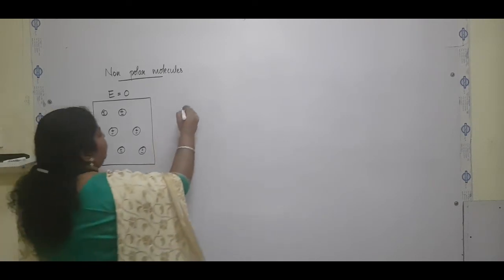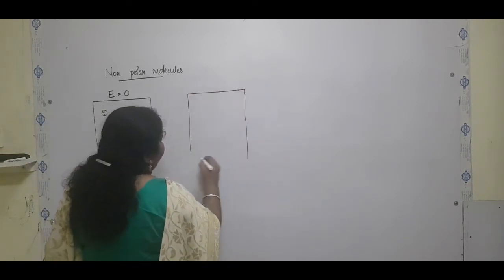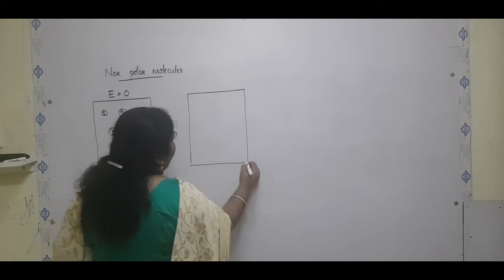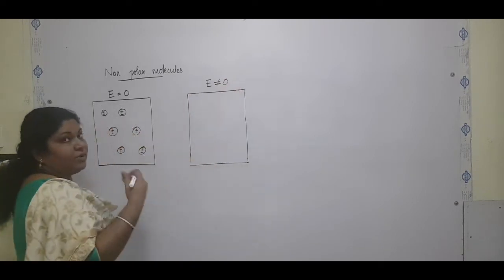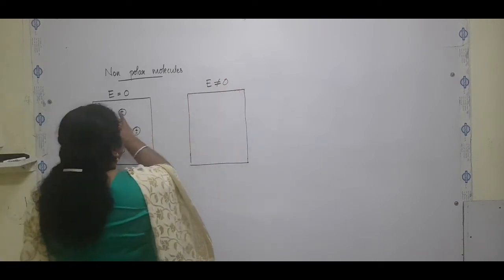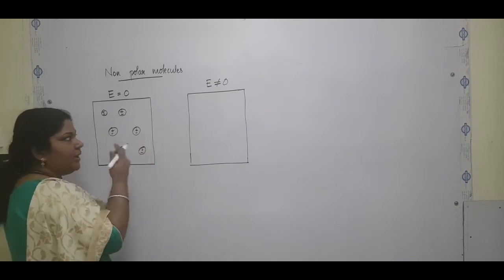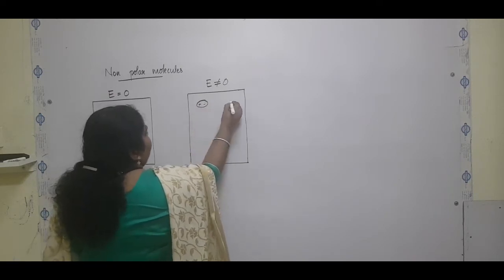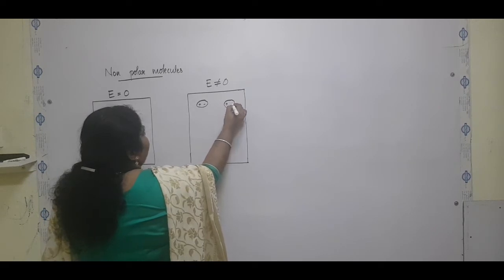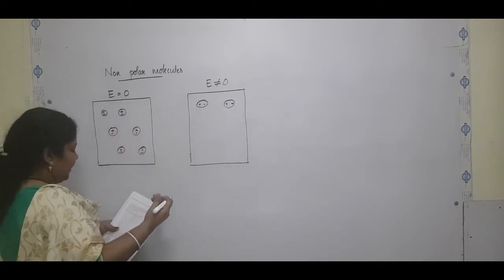Now if we apply an electric field to this type of material, what will happen? Here we are going to apply an electric field, so E is not equal to 0. The positive and negative centers will be displaced, or separated. You can see a positive and a negative, and now these are separated.